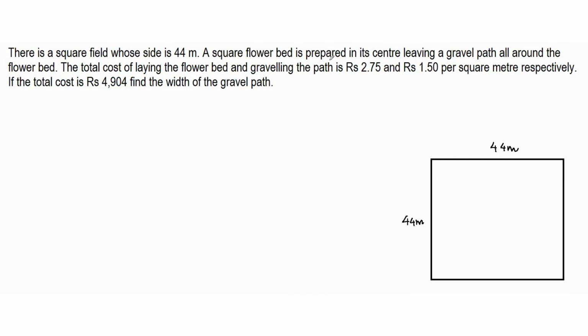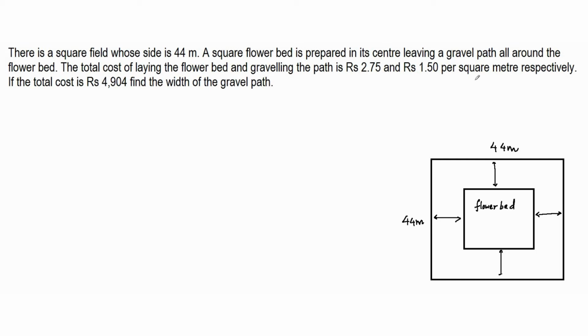A square flower bed is prepared in its center. So prepared in its center means there is an equal length which is left from all sides. So this is the equal length that is left from all sides. This is a flower bed that is being prepared, right? This is the flower bed.